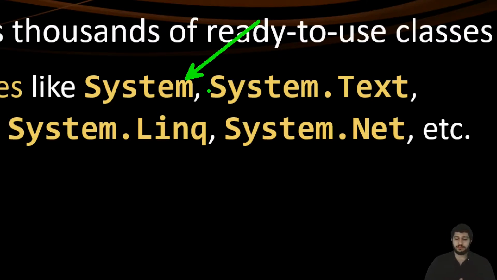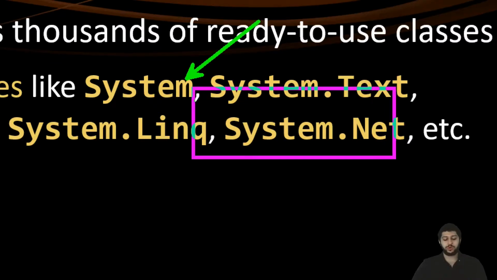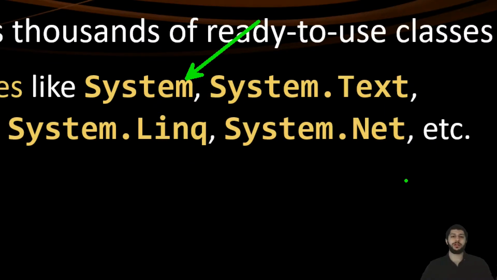And System.Text provides us with a way to work with different strings. We can even do regular expressions and stuff like that.